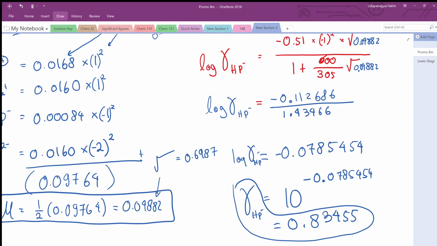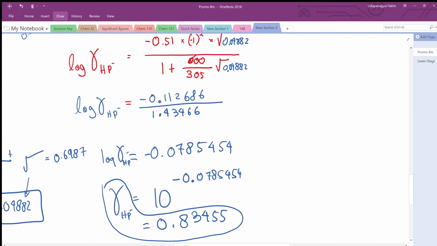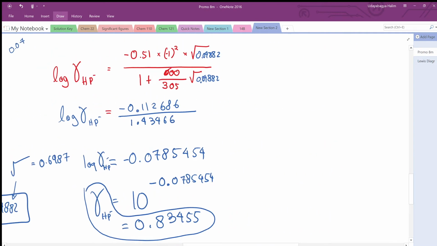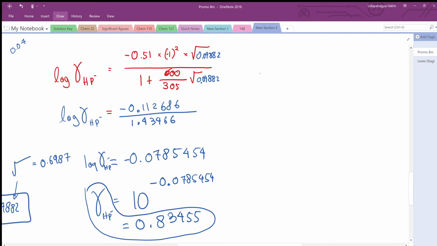Now, while we're at it, we're going to try to calculate the activity coefficient of the HP2 minus. So log of the activity coefficient of P2 minus is going to be pretty similar, but this is going to be negative 0.51 times 2 to the power of 2 times the square root of mu divided by 1 plus 600 divided by 305 times the square root of mu.